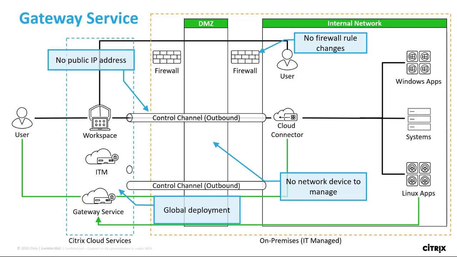And then it also provides that ITM service that's going to resolve the FQDN users are trying to access to direct them to that nearest Gateway POP. And of course, it's the same experience for the user. They're oblivious to the fact that their connection is traversing the cloud as opposed to an on-premise gateway.